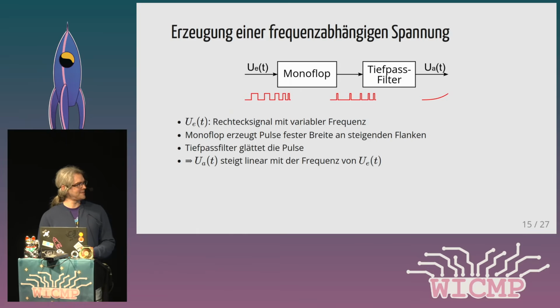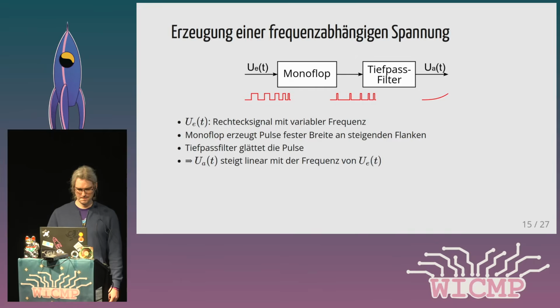Okay. The integrator would here create a linear ramp on every pulse, and then at some point get stuck on the positive supply voltage and stay there. Okay.